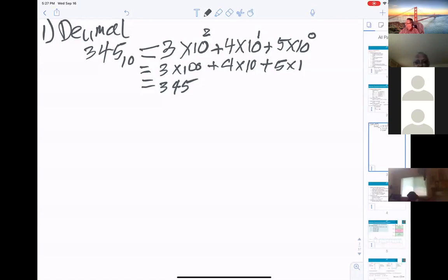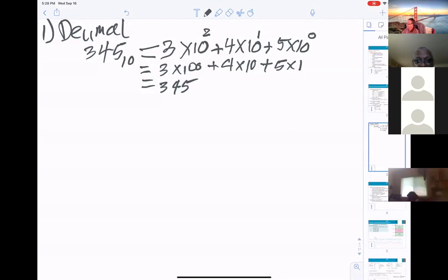So basically 3 times 100 is just telling the weight of the decimal. Everyone already knows this one.